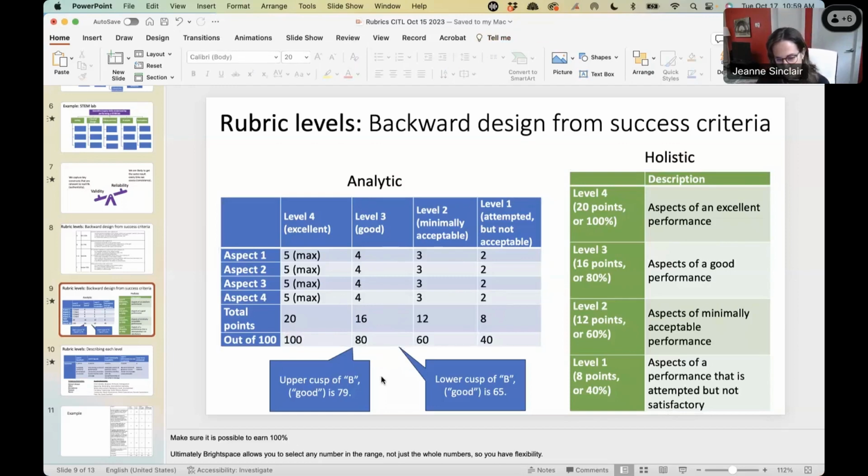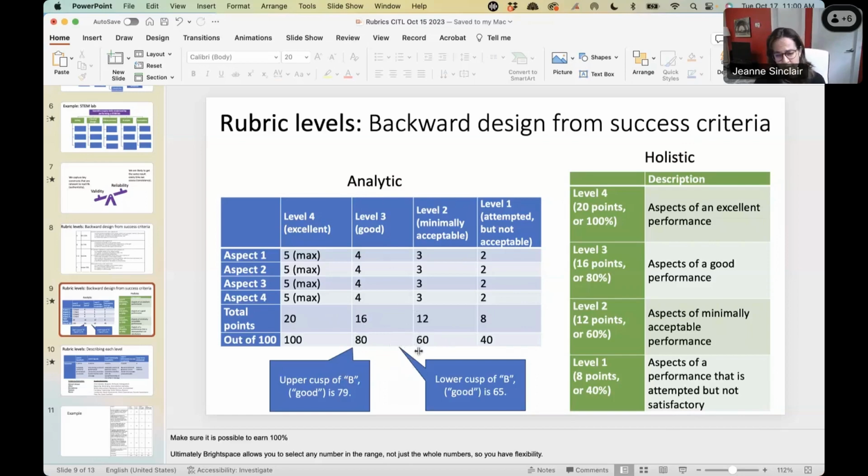I'm demonstrating this one to you because I created this rubric to align with what I just showed you with Memorial's grading criteria, where the upper cusp of good is the upper cusp of B. So a B for Memorial is 80 and it goes down to 65. And just to keep the math simple here, the bottom of good is a 60.